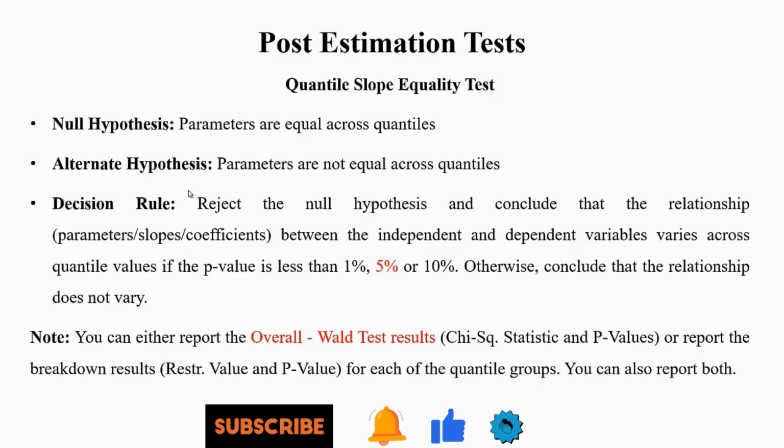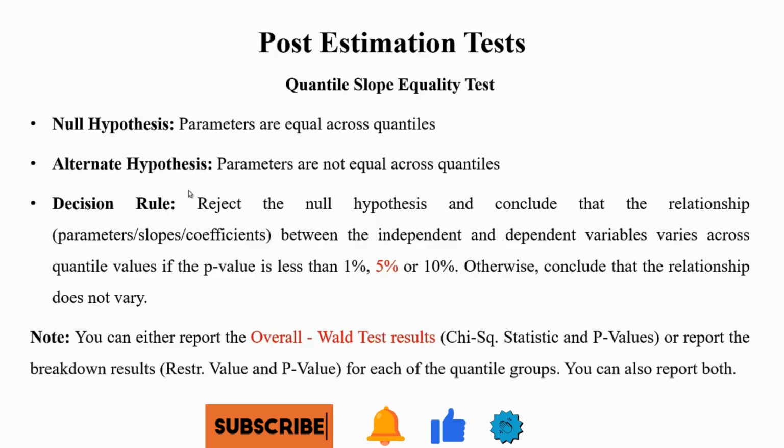What you need to take note of here is that when you have your results, you have the overall Wald test results, that is the statistics, then you have the probability value, and for each of the independent variable, you also have the result for each of the quantile estimated. But if you just want a summary of the results, you can just focus on the overall Wald statistics.